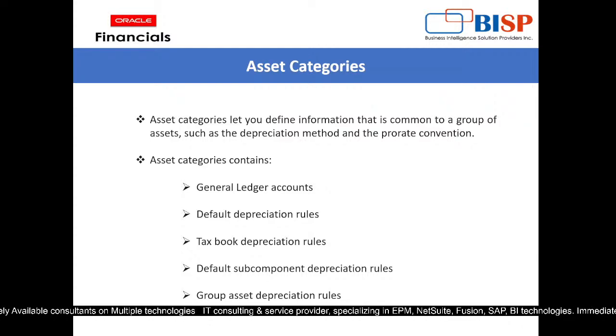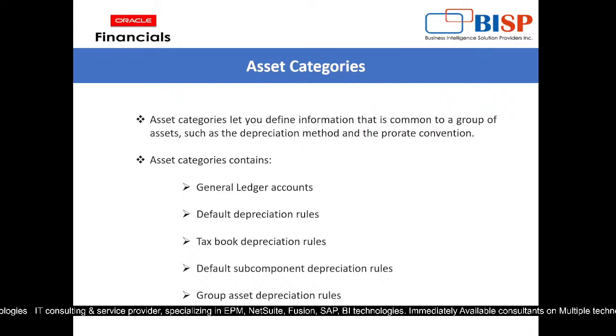Asset categories use the categories that we have created, the major category and the minor category. With the help of these asset categories, we can specify to which category our asset belongs. So while creating the asset, we always need to specify to which book and under which major and minor category our asset belongs.